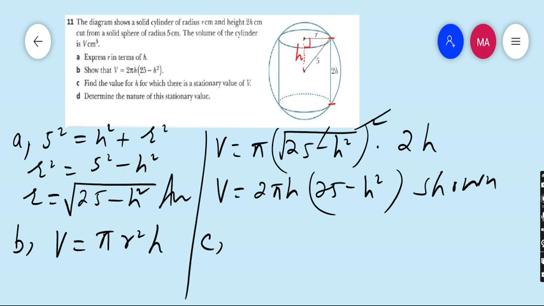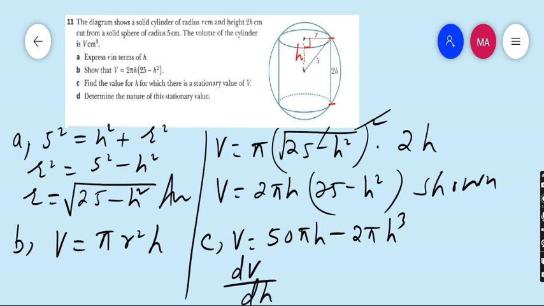Part C, find the value of h for which there is a stationary value of V. Very easy. First simplify: 2 pi h into 25 is 50 pi h, and 2 pi h into h square is 2 pi h cube. Now find dV by dh. It is 50 pi minus 6 pi h square.